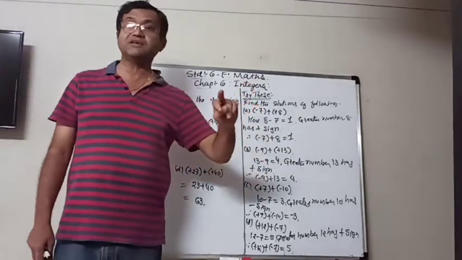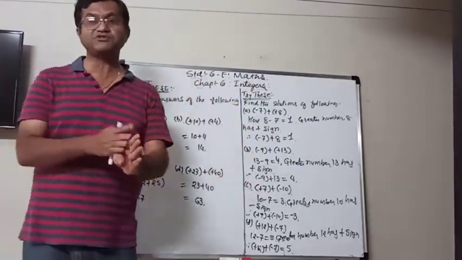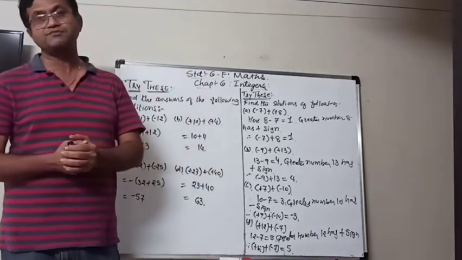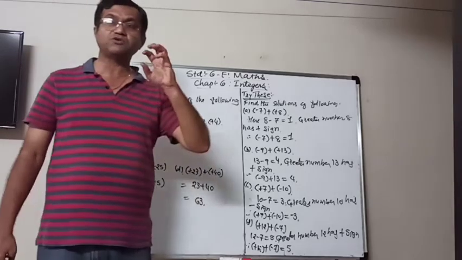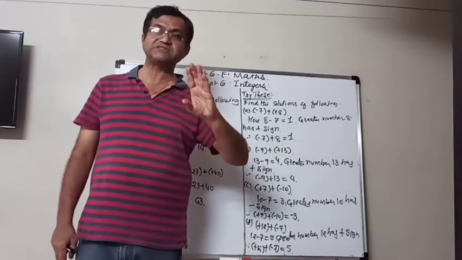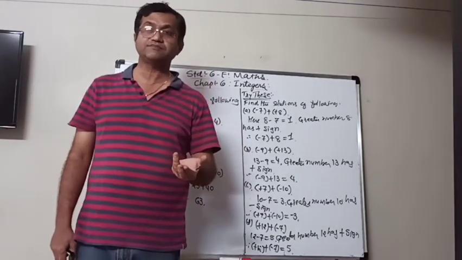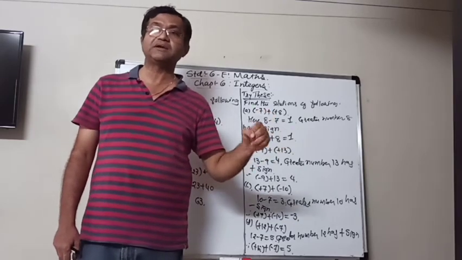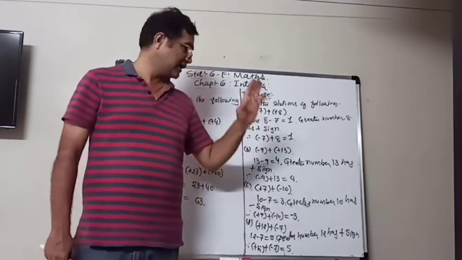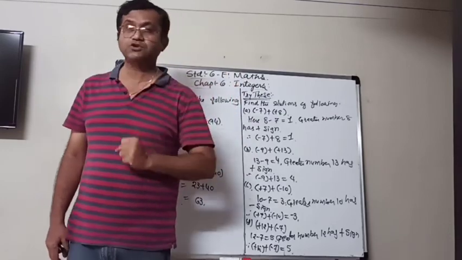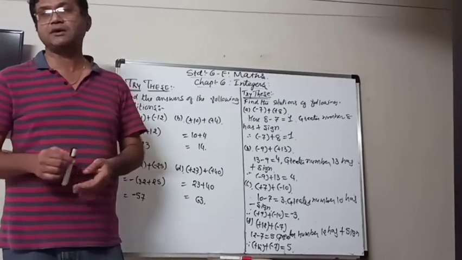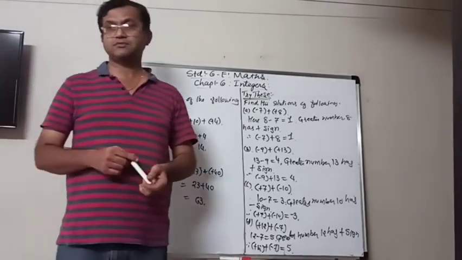But when the two numbers have different signs, one positive and the other negative, or the first negative and the other positive, in that situation we have to subtract the numbers ignoring the sign, and the greater number's sign will be given to the answer.